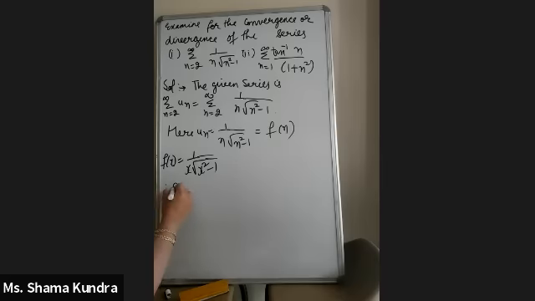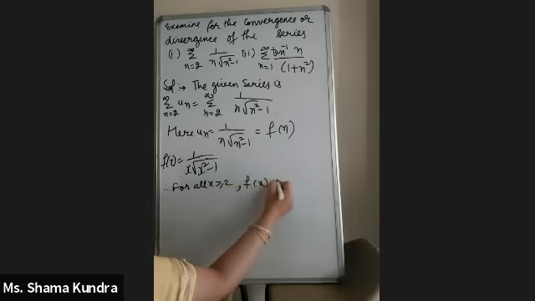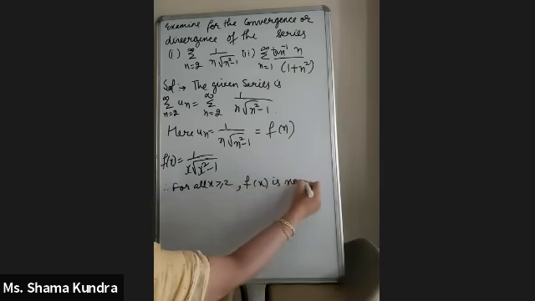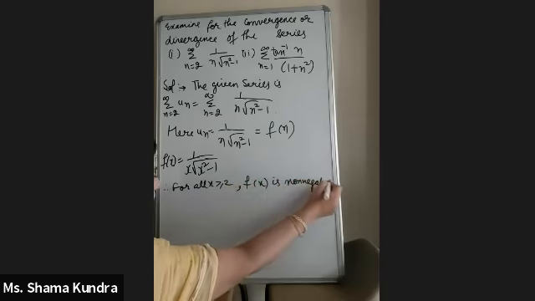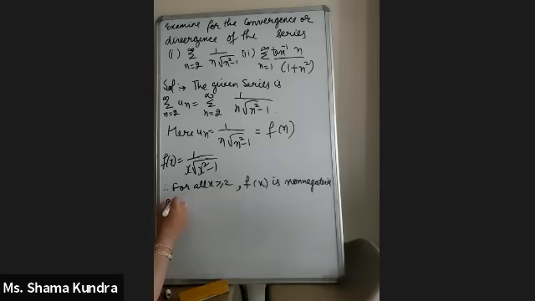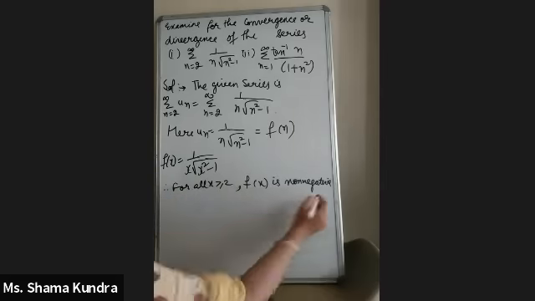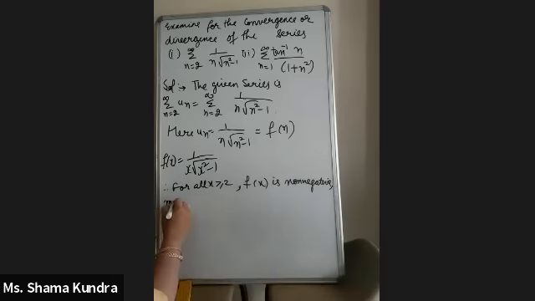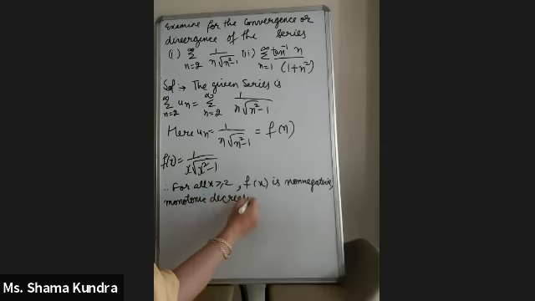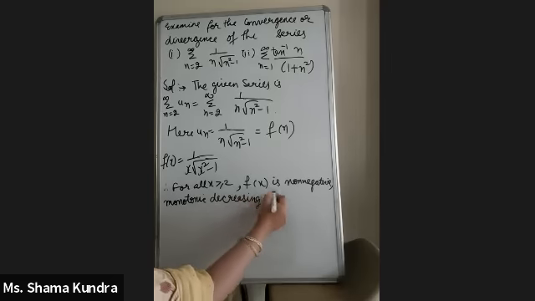Therefore, for all x greater than or equal to 2, f of x is a non-negative, monotonic decreasing function.